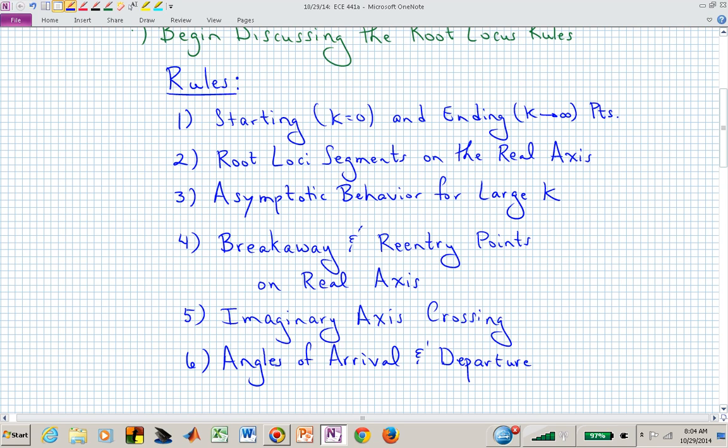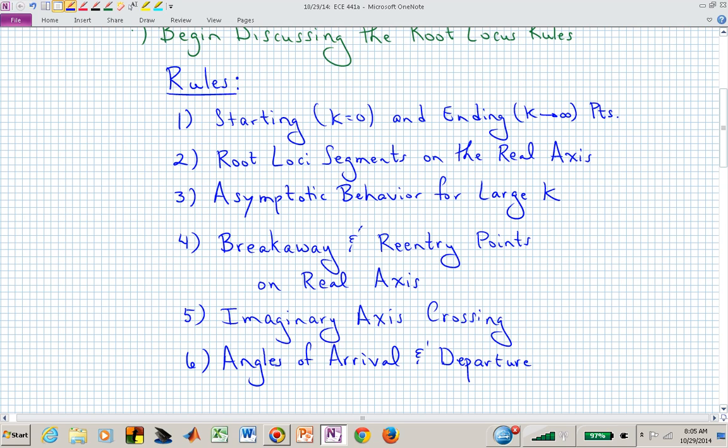We'll have breakaway and reentry points on the real axis. If we do have segments of our root locus on the real line, we may have to come into the real line, or we may have to break away from the real line. That's what rule number 4 does. Do any of these branches go across the imaginary axis? That's rule number 5, the imaginary axis crossing. And the last one is the fun one.